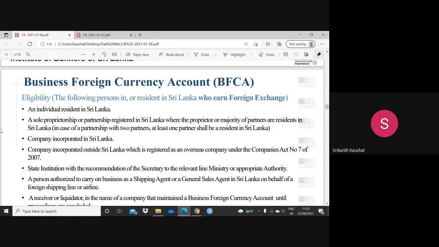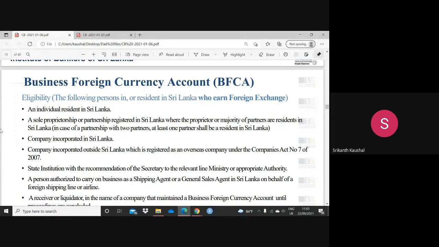That means he has to supply goods or services to an overseas person or non-resident. So by earning foreign exchange, the following categories of people are eligible to maintain a BFC account. BFC stands for Business Foreign Currency Account. So you have studied the personal foreign currency account. Now we are moving on to business foreign currency.